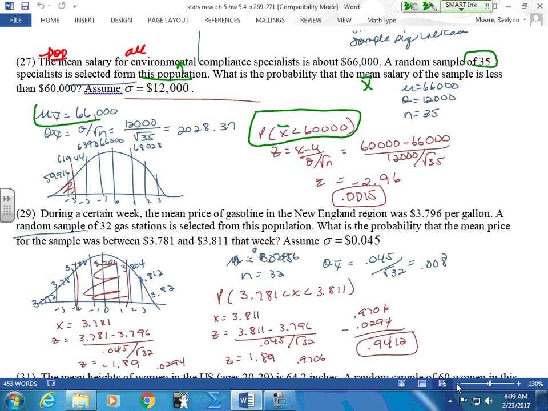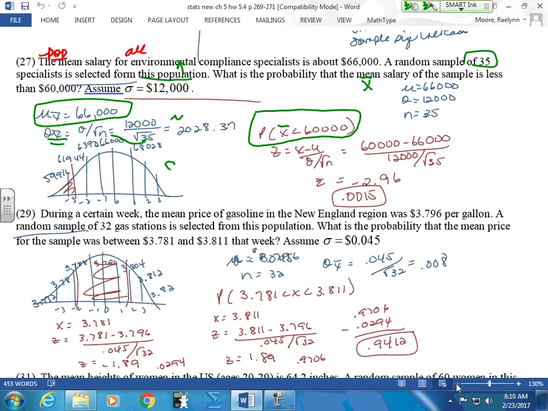So we need to know that your mean stays exactly the same, but your standard deviation is going to change. So n, I put in here, this is my formula. I divide 12,000 by the square root of 35, and I get approximately 2028. So that's where I'm going to make my curve from.